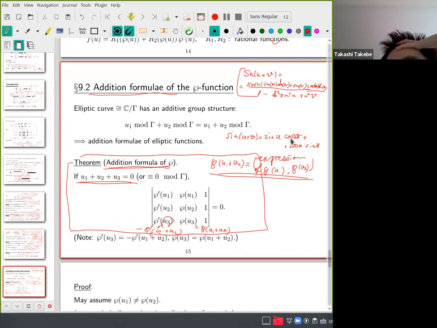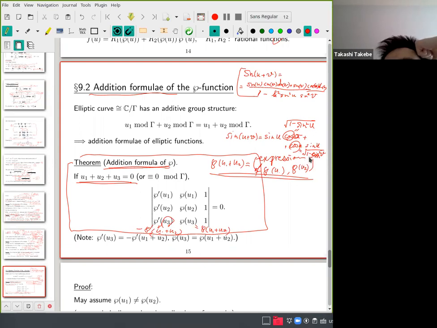But this actually contains cosine with sines. If we want to kill this cosine, we must use this formula.